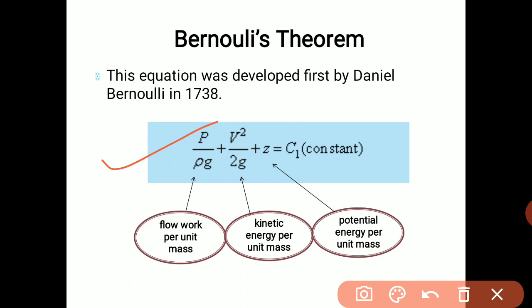V square is the velocity at that particular point wherever we are going to apply Bernoulli's equation, and Z is the potential energy, or the datum height. That is the pressure head we are going to consider. So this is Bernoulli's equation, and we have numericals on it.